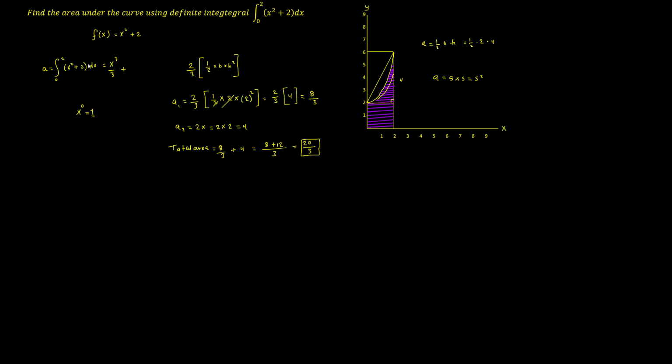If we add 1 to that exponent 0, it's going to be 2x, because this exponent now is 1. And we need to find the area from 0 to 2.